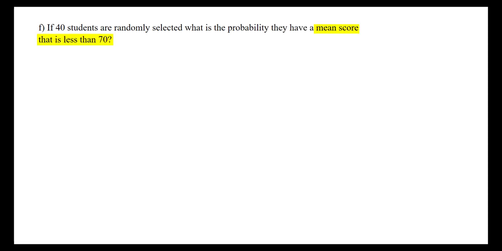The next question says, if 40 students are randomly selected, what is the probability they have a mean score that is less than 70? In this case, we're going to use what we call the central limit theorem.